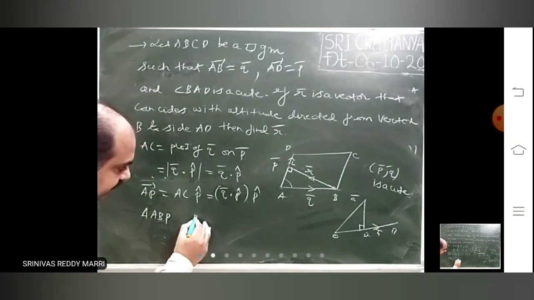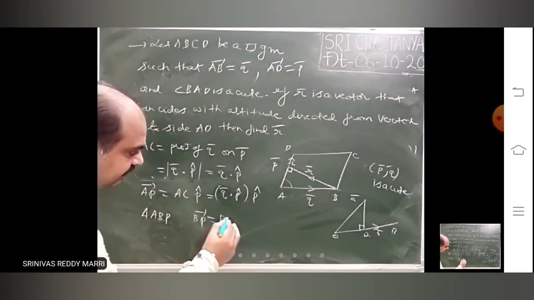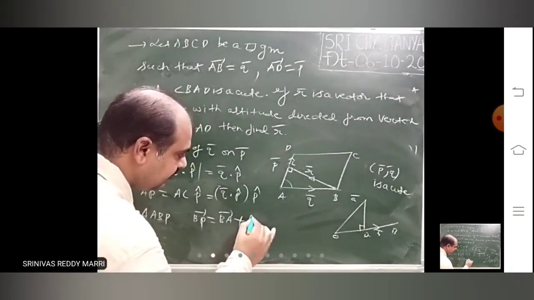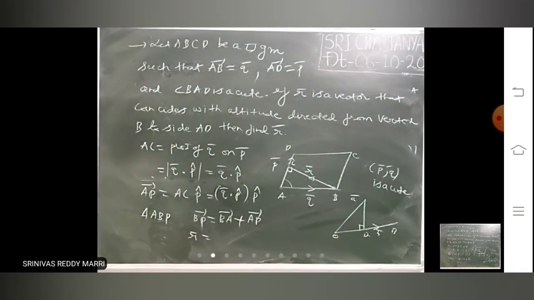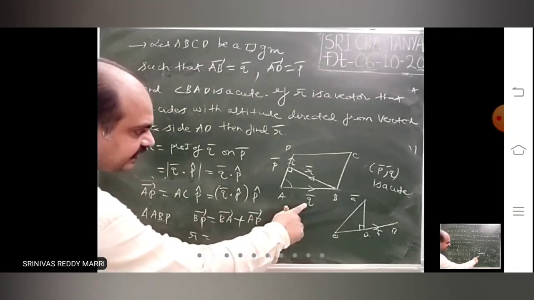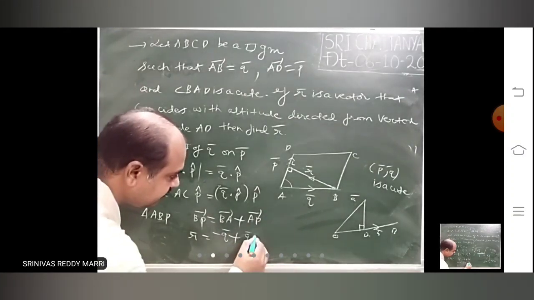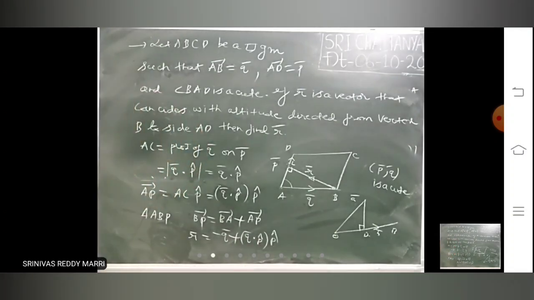BP bar is nothing but BA bar plus AP bar. So R bar is nothing but, what is BA bar? Minus Q bar, plus Q bar dot P cap into P cap.